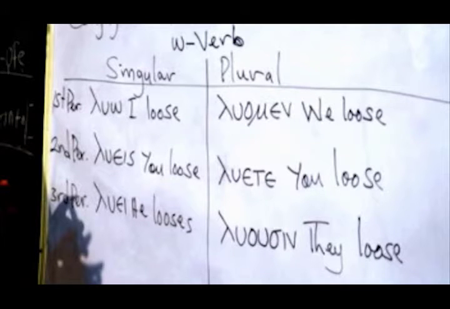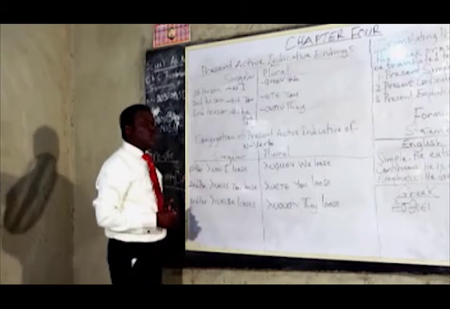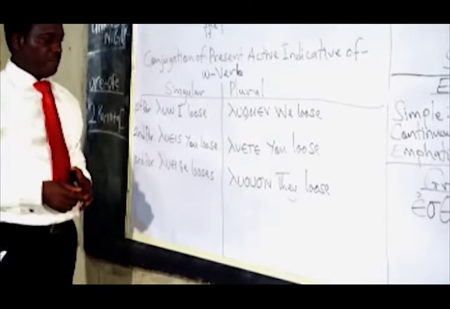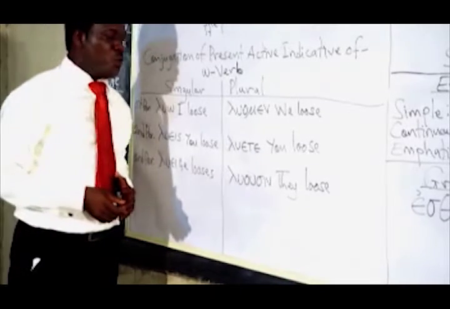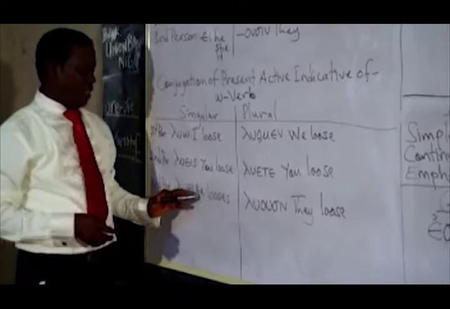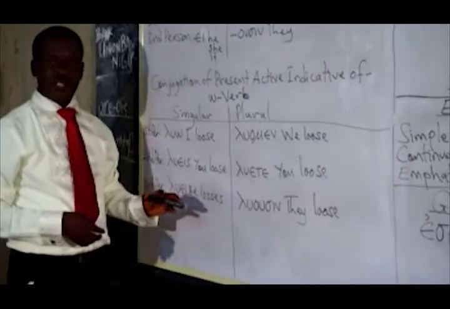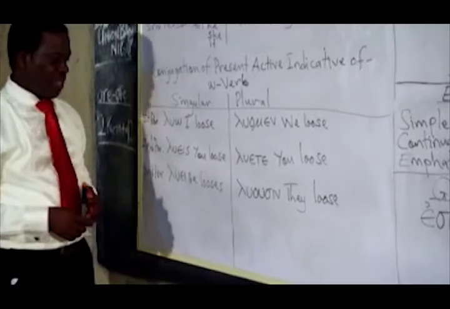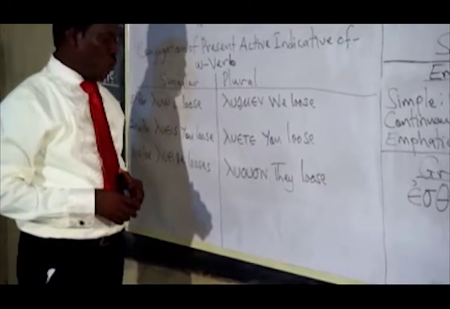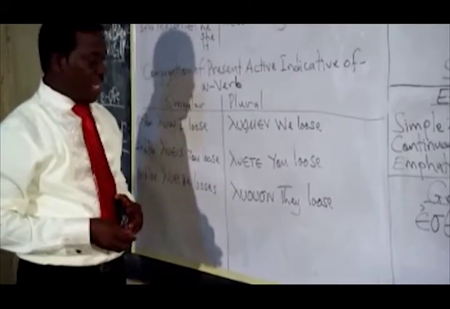In the second person singular, we have lueis, which means you lose. In the plural, we have luete, which means you lose, but this is used for plural. In the third person singular, we have luei, which means he loses, she loses, or it loses. In the plural, we have luousin, which means they lose.